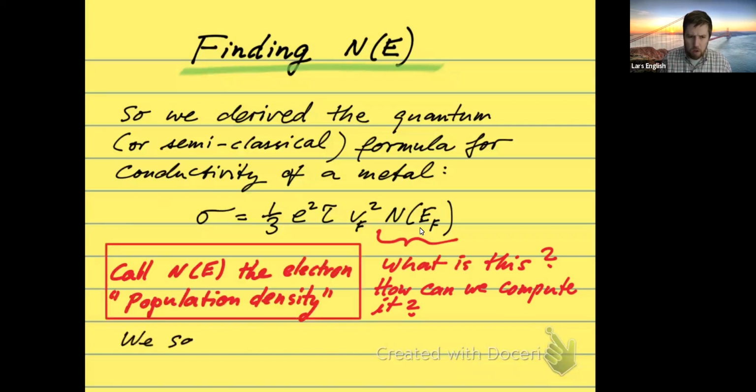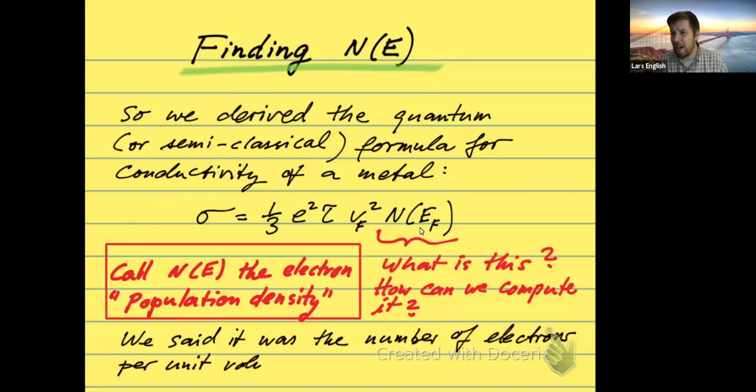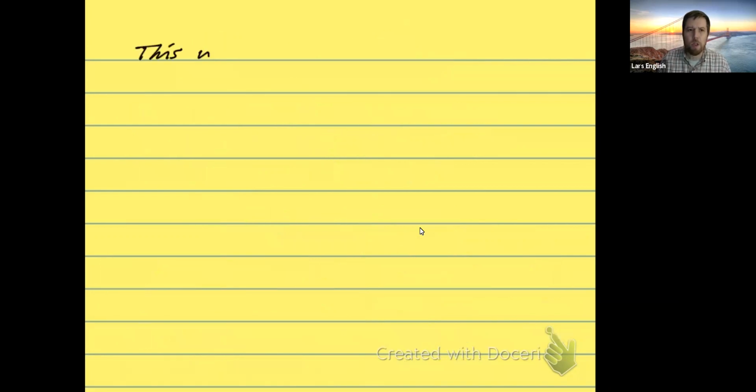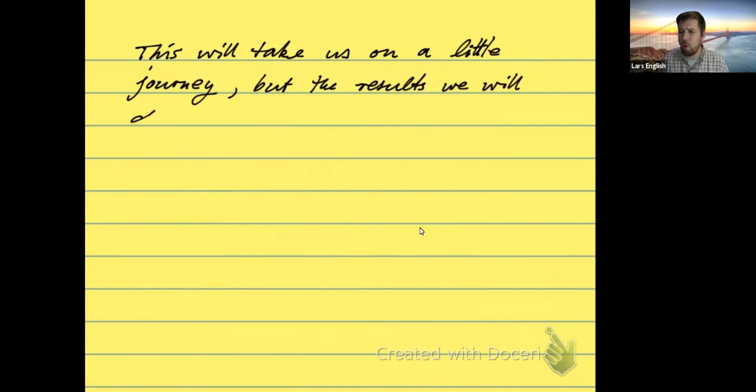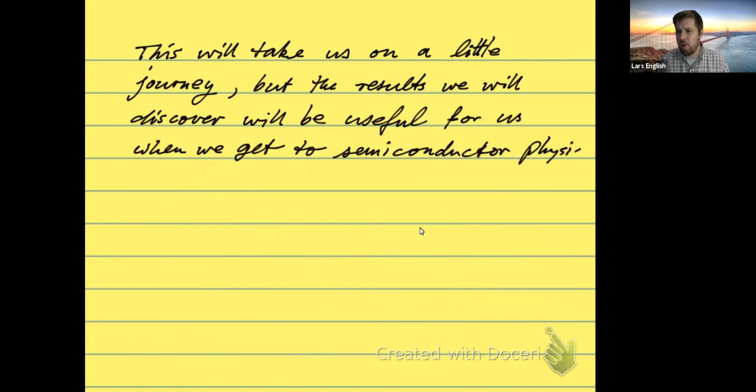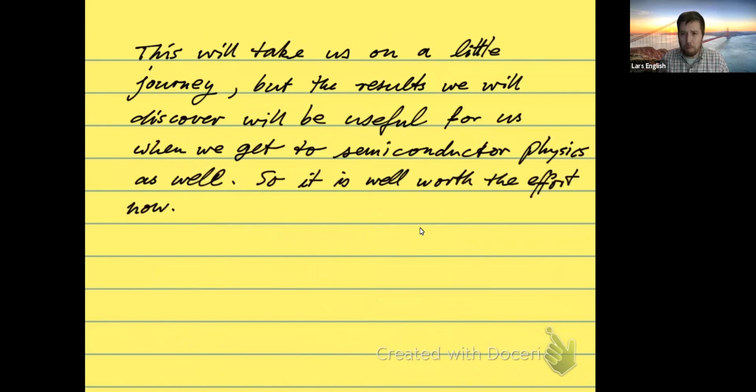We also said that in terms of its units, it is the number of electrons per unit volume per unit energy. This whole treatment will take us a little while to fully complete.